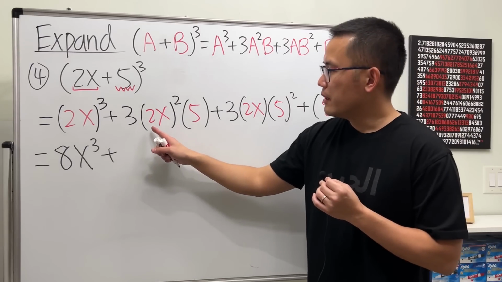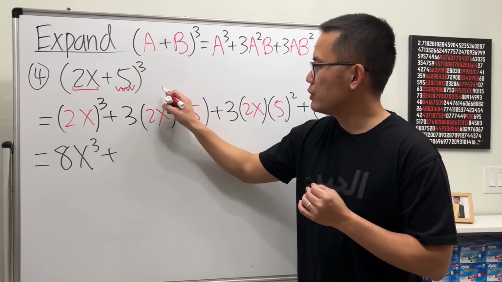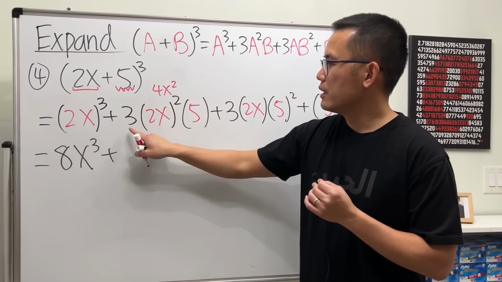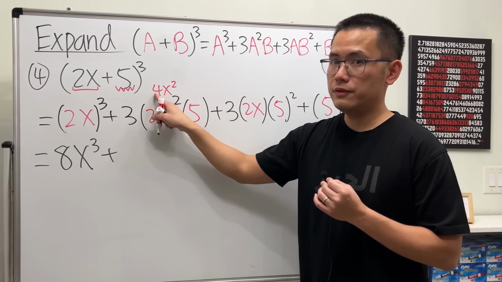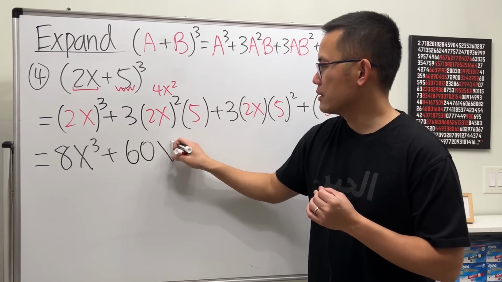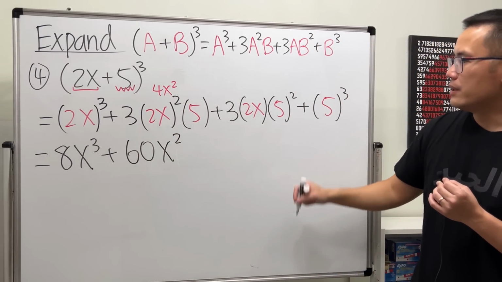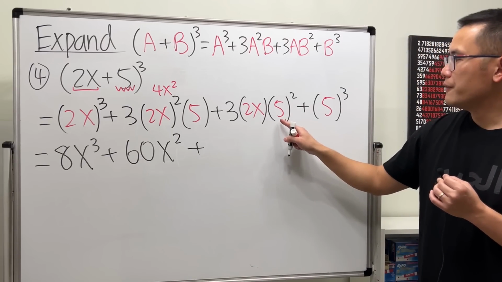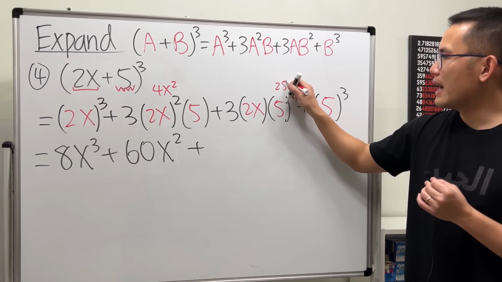So let's see. This is 2x squared, which is 4x squared. 3 times 4 is 12, times 5 is 60. And then we have the x squared. Now, for this, we add 5 squared is 25.